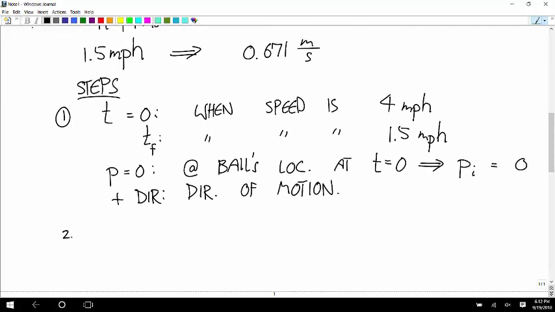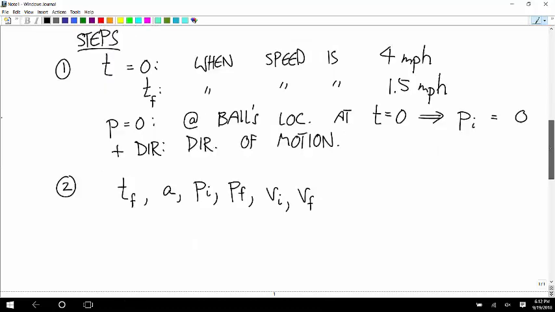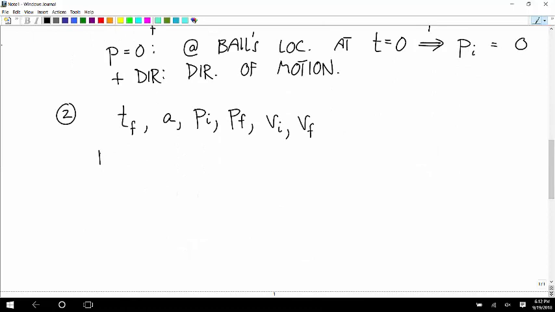The second step, we want to go through all of the possible variables, figure out which ones we know and which one we want. The total list of possible variables is time final, acceleration, P initial, P final, V initial, and V final. Time final.